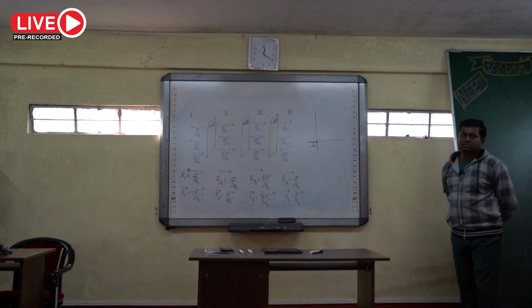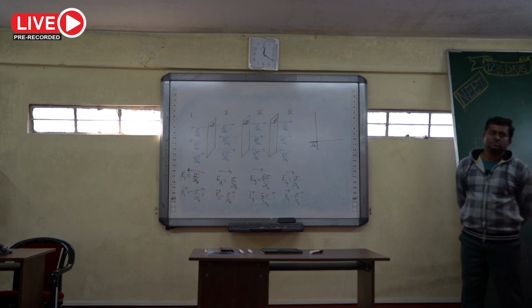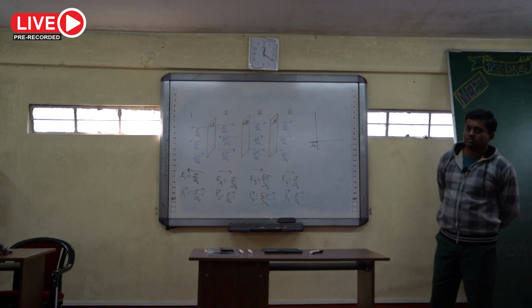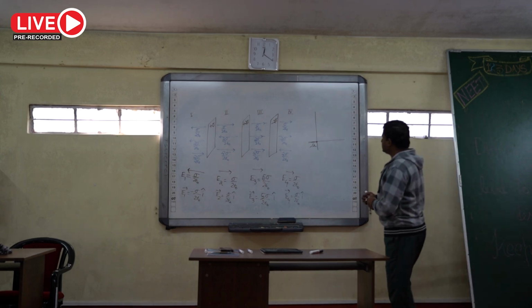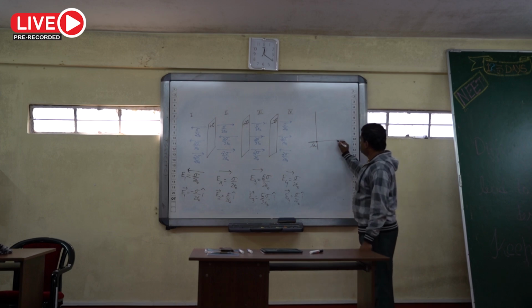Another charge is on the x-axis at point a comma 0, meaning this distance is a.